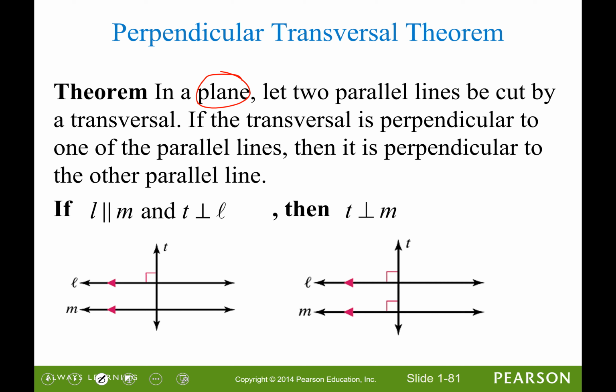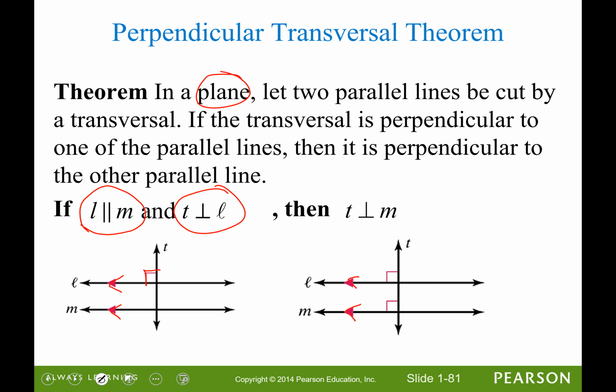That makes sense. Let's look at it in symbols and then the figure, if you weren't doing that already. If we're told the two lines are parallel, okay, so this geometric code is there. And we know that the transversal is perpendicular to one of those lines, so that would be this geometric code right here.